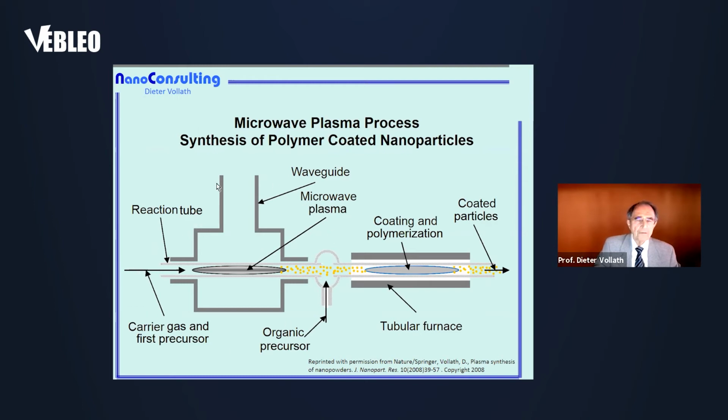First, we have the synthesis of the ceramic particle, and then we introduce an organic precursor, and in a conventional tubular furnace, we provide the coating. The polymerization occurs due to the temperature in this tubular furnace and also under the influence of the UV radiation of the plasma. And in the end, again, we have the coated particles and the off gas.